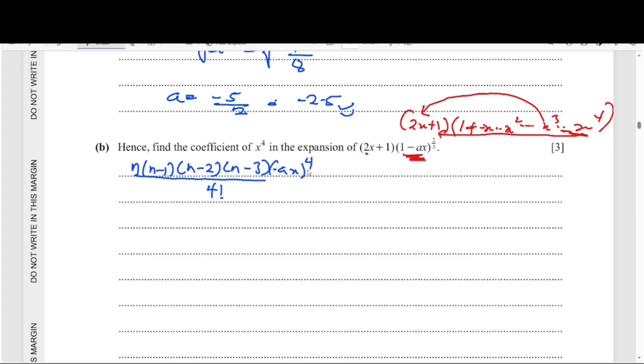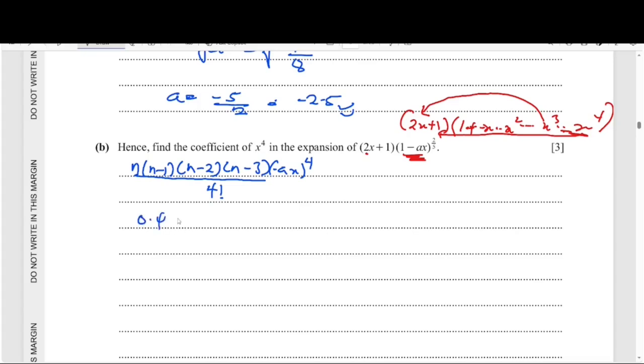We've already found our a to be negative 5 over 2, or negative 2.5, and our n already is 0.4, so I'm going to do a substitution.